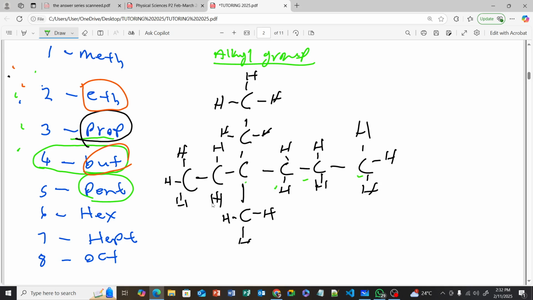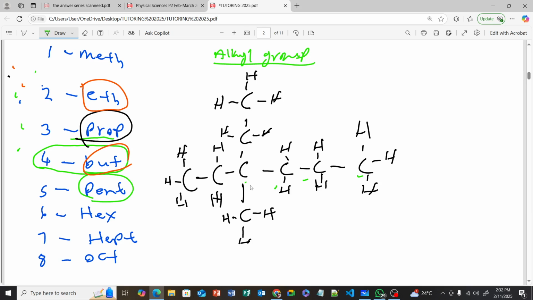Longest is 6. Even if we go back, it's 6. But now, if we go from right to left, this branch will be at carbon number 4. But if we move from the left to the right, it will be at carbon number 3. So remember, I said we want it to have the lowest number possible. So we are going to move from the left to the right.